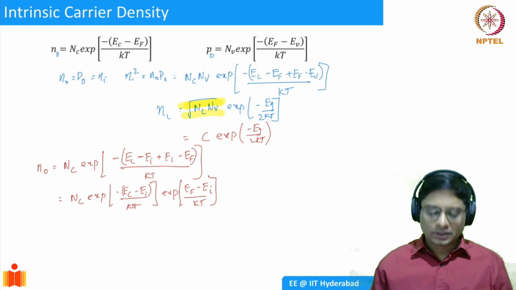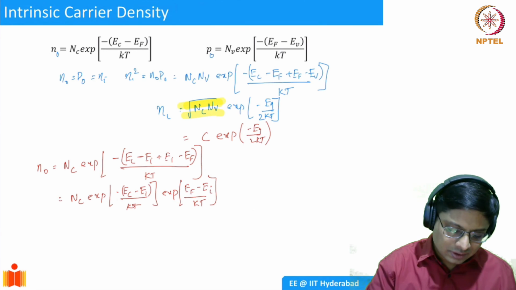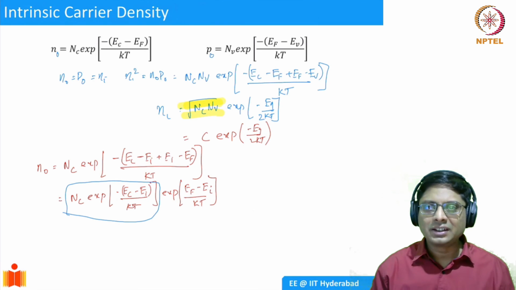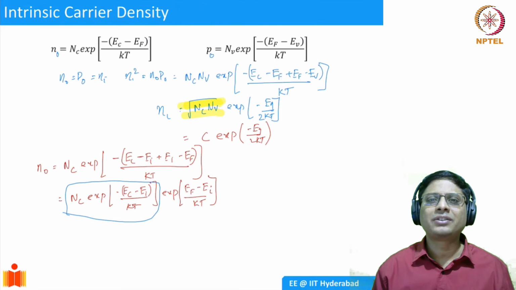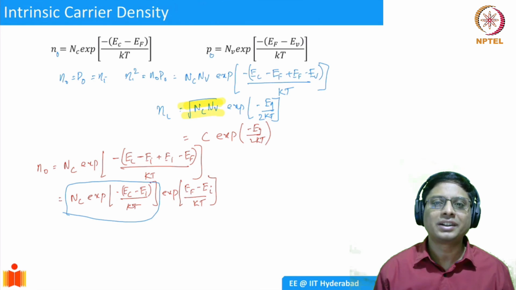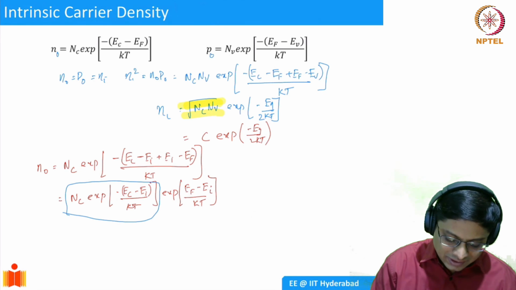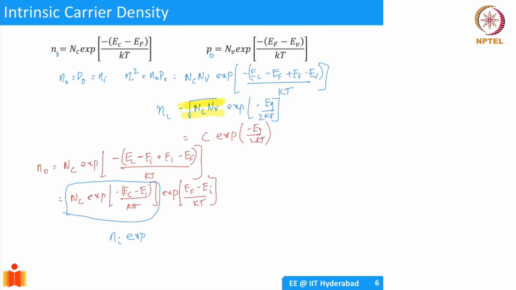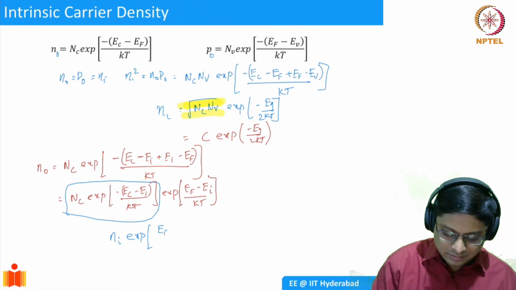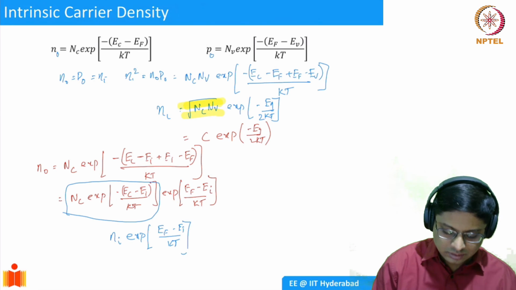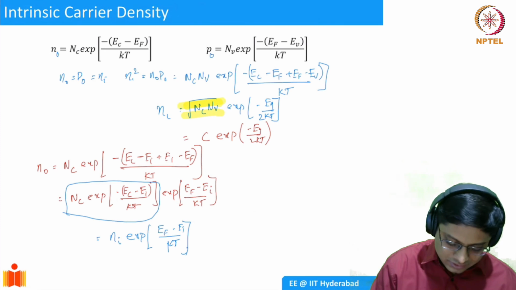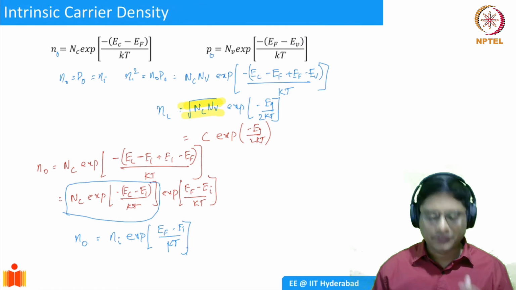Alright. So when I do this, I can call this entire term, basically you have Ec minus Ei, and Ei is nothing but the Fermi level of an intrinsic semiconductor, so I'll call this Ni, times exponential Ef minus Ei by Kt. What we are doing here is telling you the reference has changed.